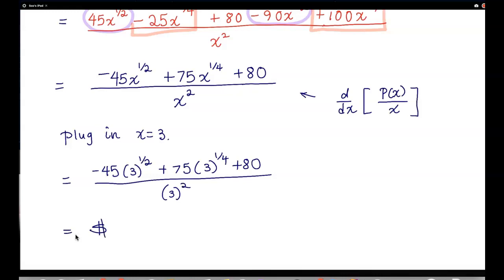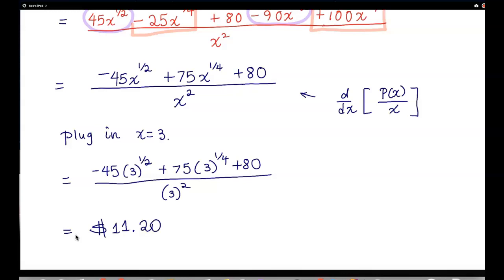All right, I'm about to plug this into my calculator. And when I evaluated it, I got 11.90. Oh, it's awkward. It's 19.5. So I will go ahead and round it to 20.